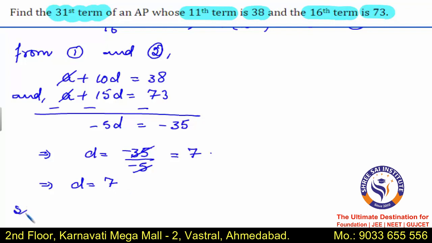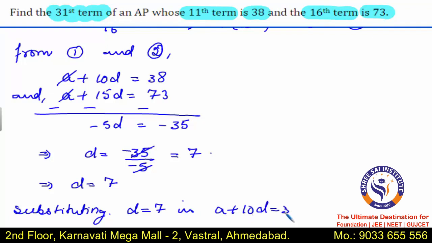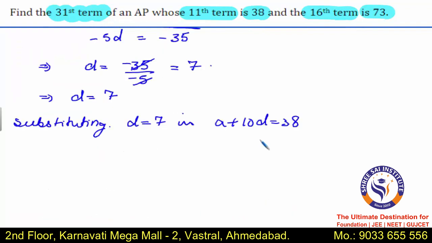Now, substituting D is equal to 7 in A plus 10D is equal to 38 to get the value of A. This implies A plus 10 into 7 is equal to 38.